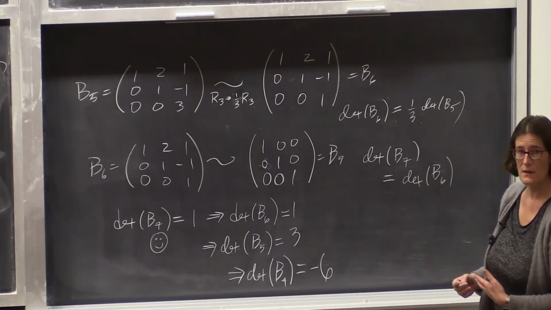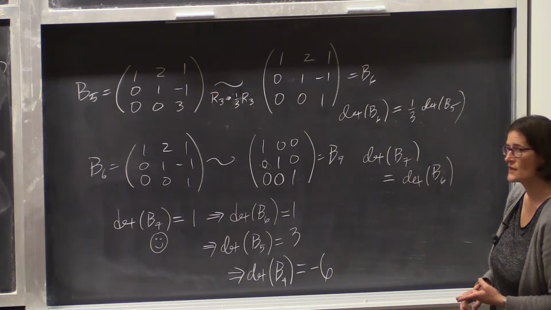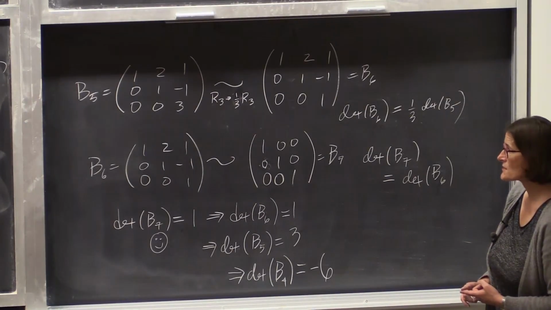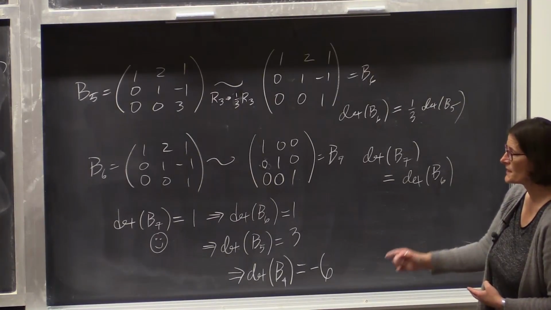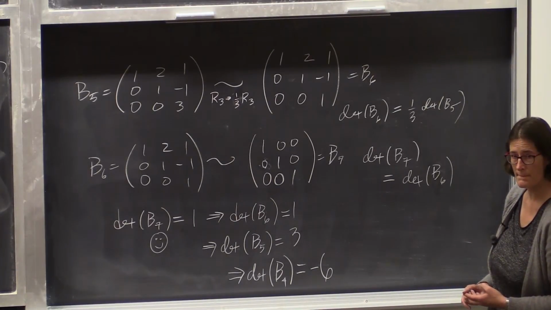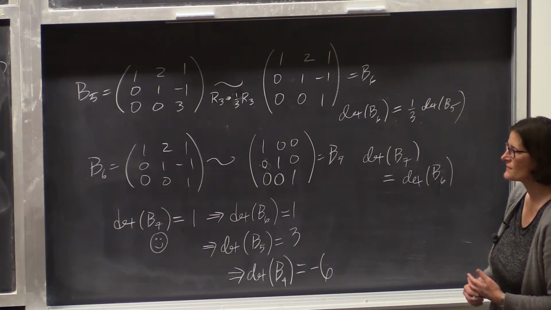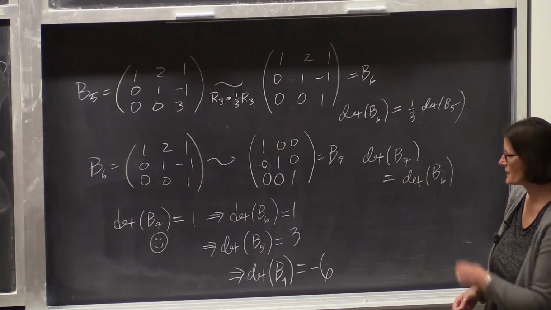A is 0. So this basically shows you if the reduced row echelon form of A has a row of zeros, the determinant of A must be 0. If the reduced row echelon form of A is the identity matrix, the determinant of A must be non-zero. And then we just use what we know already about A being invertible if and only if it's equivalent to the identity matrix.